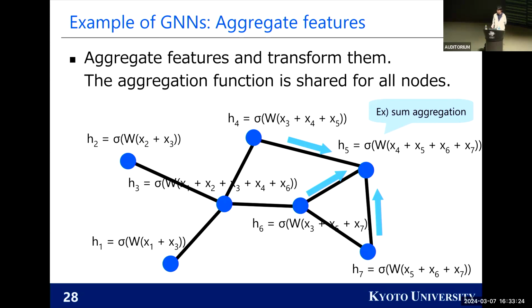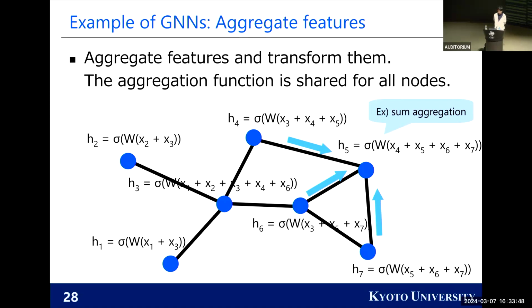Let's consider a very simple aggregation function, sum aggregation. Then the hidden state of node 5 is x4 + x5 + x6 + x7. We also apply some transformation to the result of aggregation, like a linear transformation by W, apply a nonlinearity to it, and get the next state.